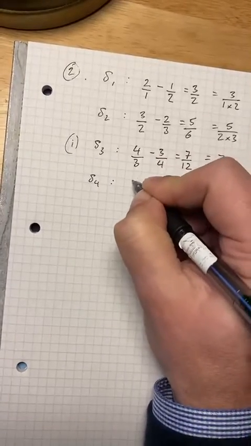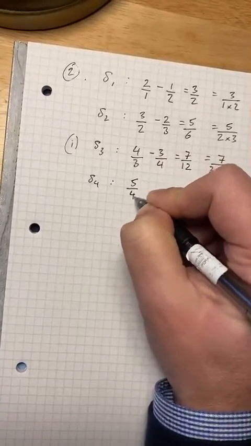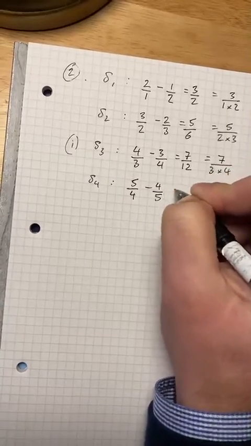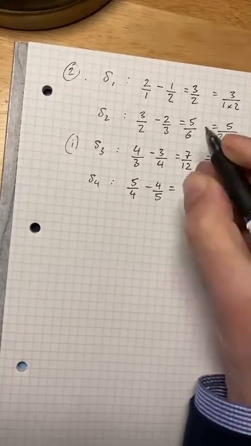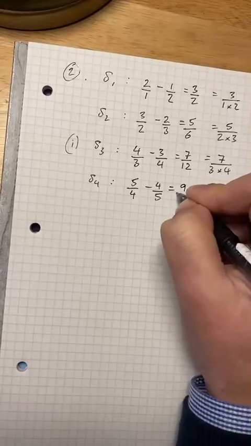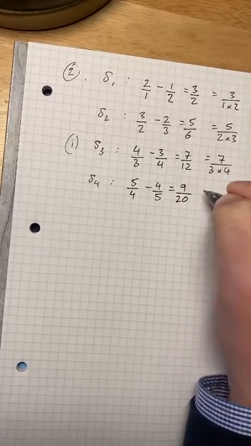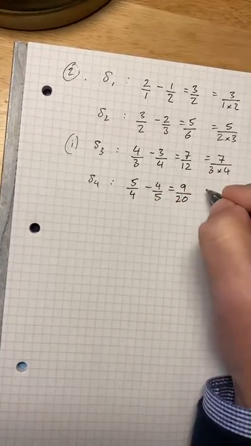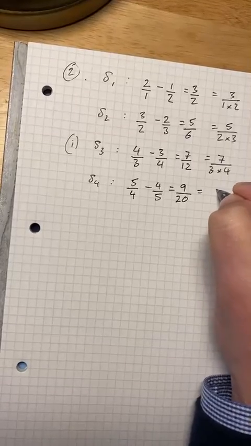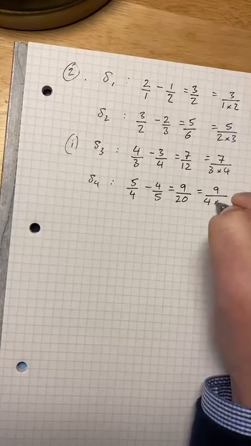Same sort of thing, we've got 5 over 4 minus 4 over 5. So we add them, 9 over the product, 4 times 5 is 20. So 9 over 4 times 5.